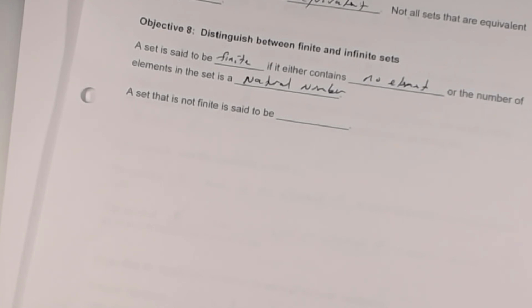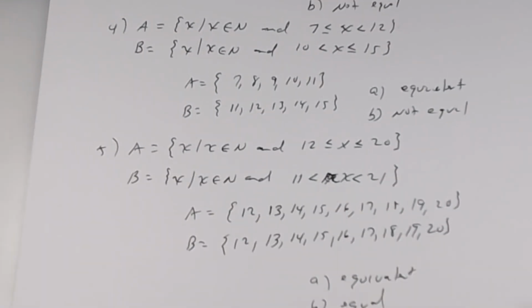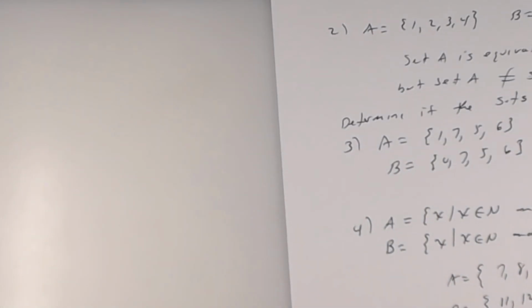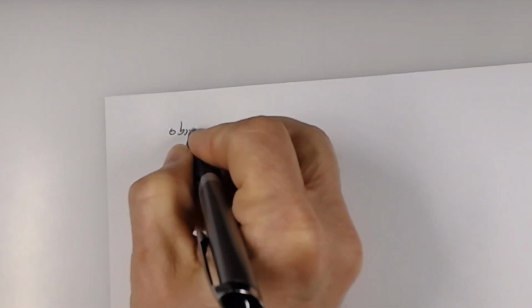Okay. Let's look at the first one. The idea that no elements should confuse you. So I'm going to ask you this, and after you see this, you're going to understand it. So this is objective 8.